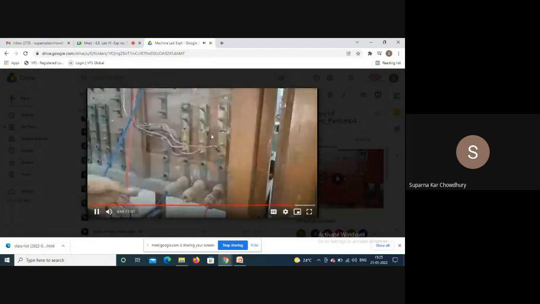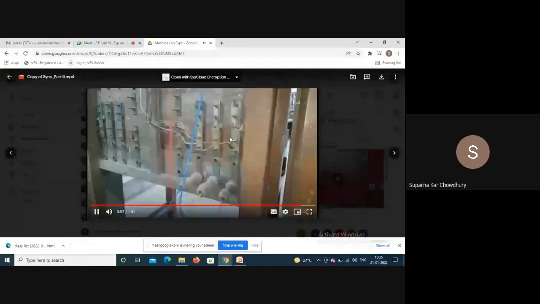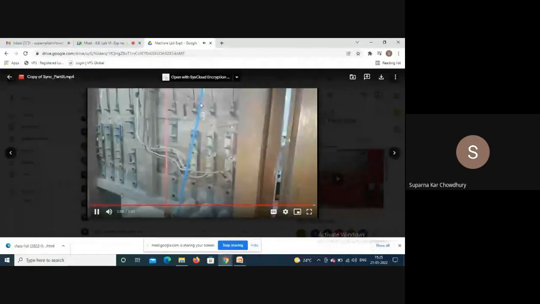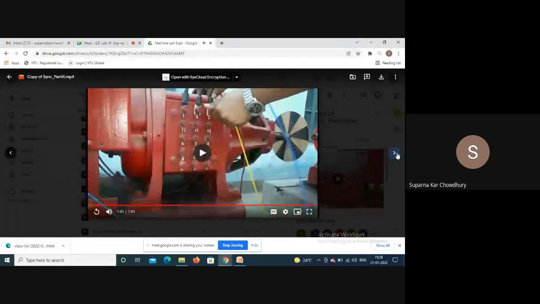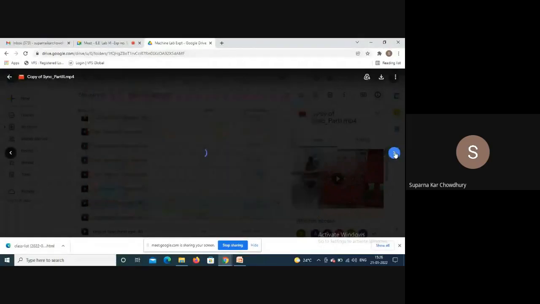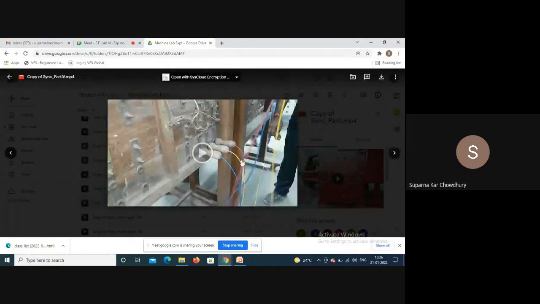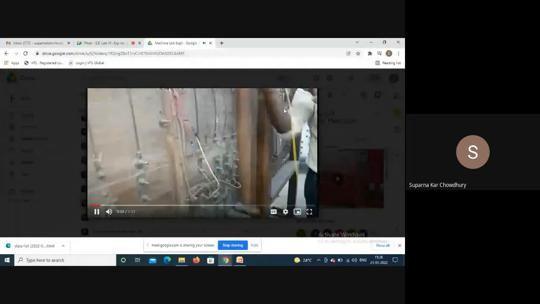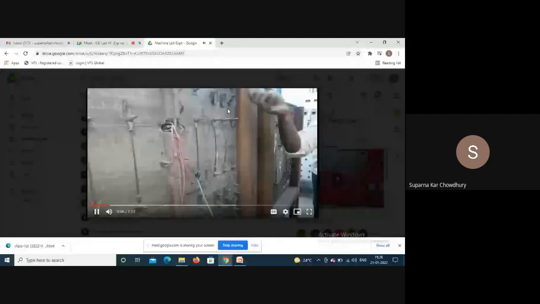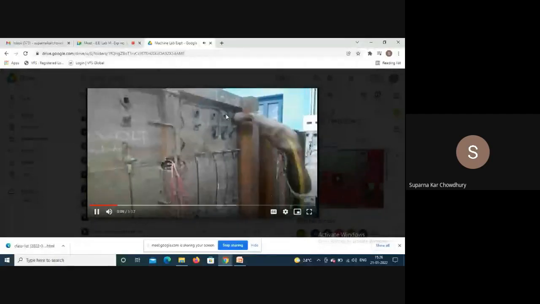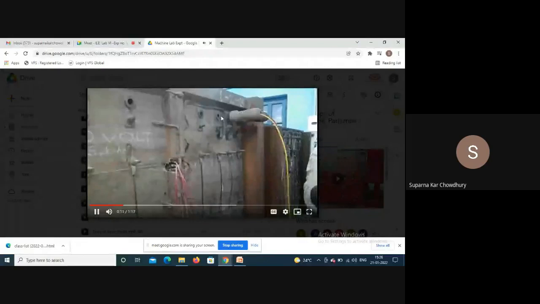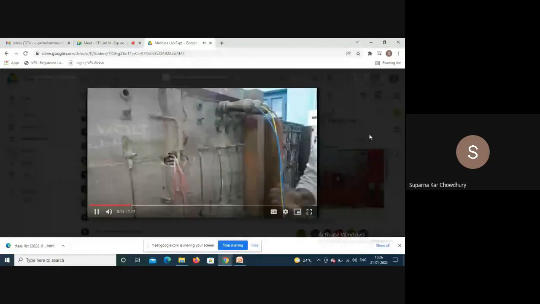In between we have the switch that will act as a synchronizing switch. On the upper side we will connect the bus bar. There is a switch in between. So on the upper side, we will connect the bus bar. From there, we should take to the board.